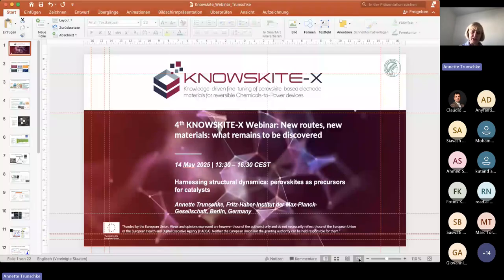Interestingly, we found that the cell volume changes reversibly if we reduce or oxidize our material. And this is something we do when performing such a selective oxidation reaction. It's a redox reaction.